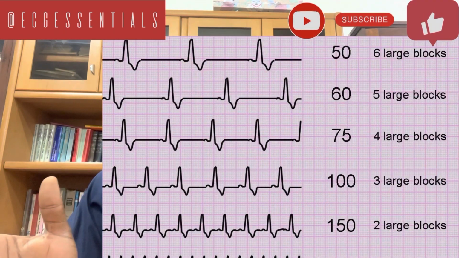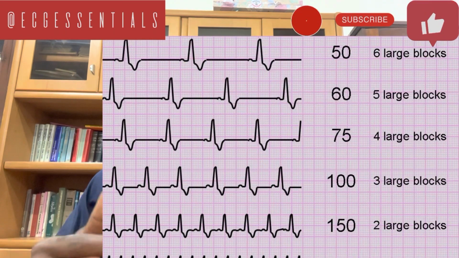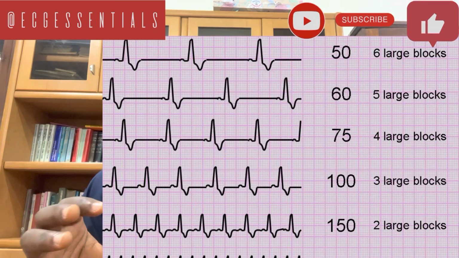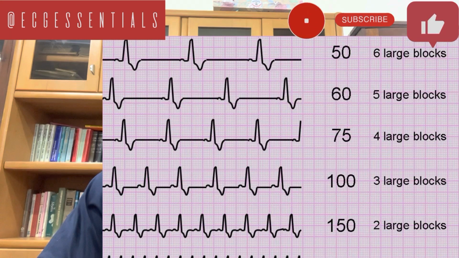And of course, we expect to arrive at the same value. So in a nutshell, for a regular rhythm, choose 300 divided by the number of large boxes, or you can choose 1,500 and divide it by the number of small squares.